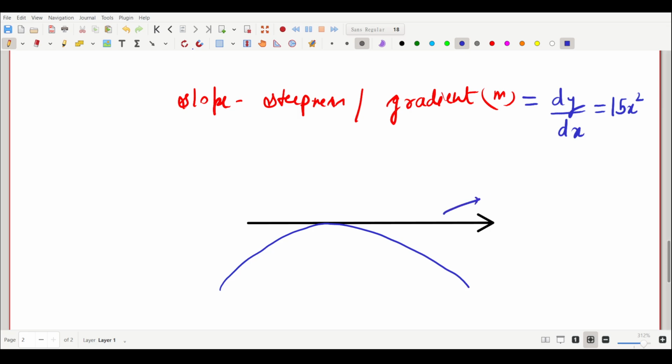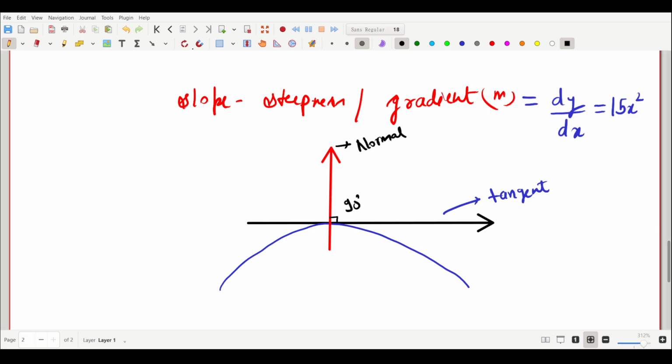This black line is a tangent. Now a line which is perpendicular to the tangent is known as normal. This red line is normal because it is perpendicular at 90 degree. Perpendicular means the lines are intersecting, cutting each other at 90 degree. So the red line is now normal.